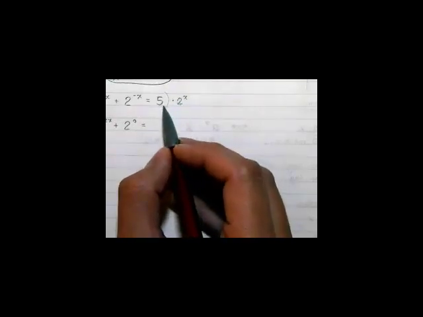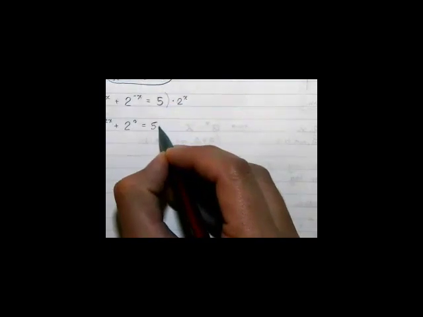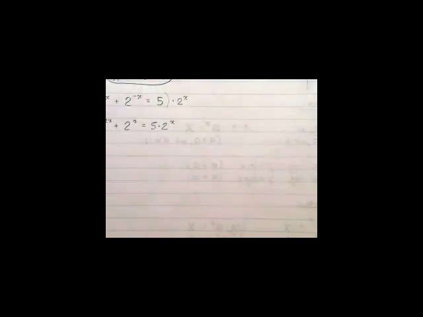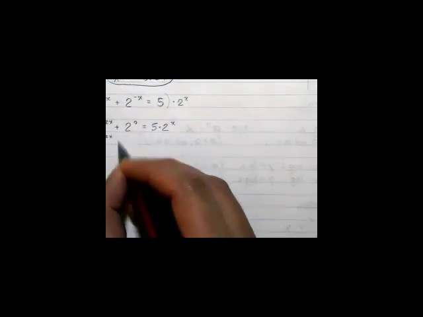This 5 is not. So really, it is just 5 times 2 to the x. Okay, so what's 2 to the 0? 1. Anything to the 0 power is 1. So I rearrange a little bit here and turn it into a 1.